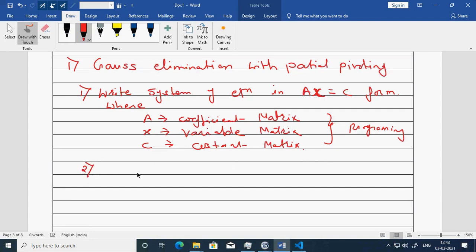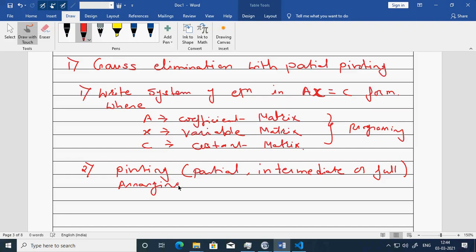Then second step is pivoting. Okay, so you can do partial pivoting. It may require intermediate pivoting, or we can go for the full pivoting. Okay, so basically the concept of pivoting. What does pivoting mean?